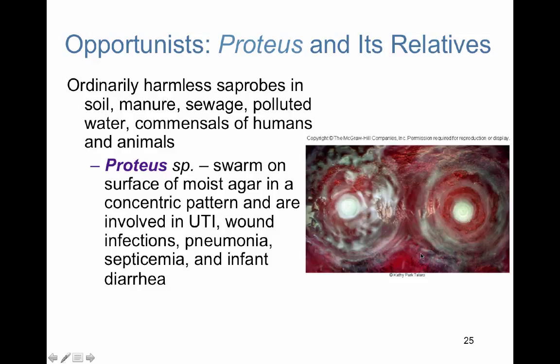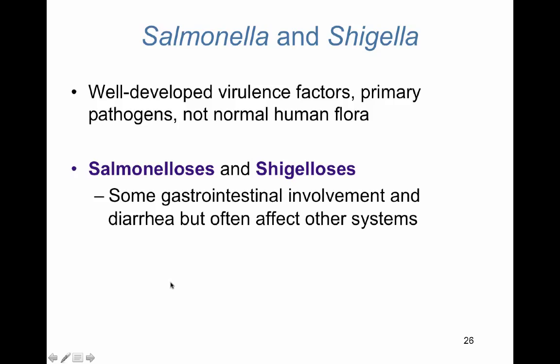And you can tell that you have Proteus because of the macroscopic observation, the way that it grows in a colony formation on an agar plate, in the shape of this concentric pattern. So it's a swarm on the surface of moist agar in this concentric pattern, and it's involved in urinary tract infections, wound infections, pneumonia, blood, and also infant diarrhea cases.